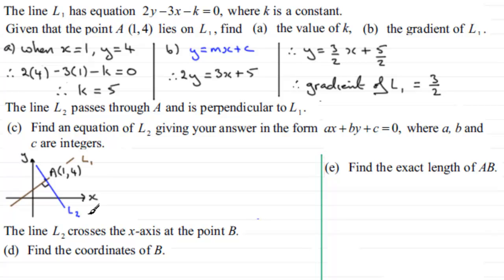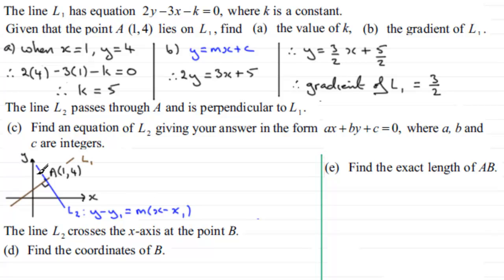Well, we're going to work off the form that any line has the form y equals mx plus c, but that's not necessarily very useful when it comes to working out this. I'm going to use the form y minus y1 equals m bracket x minus x1, a form that we should be familiar with by now. x1, y1 is a point on the line, we know that it's the point A with coordinates 1, 4.